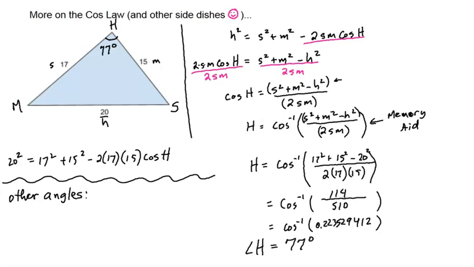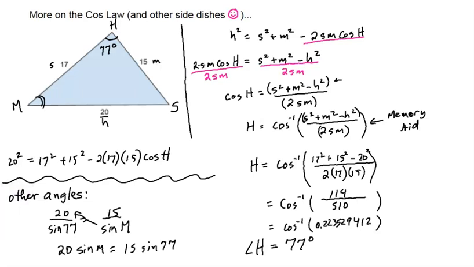But now that I know the 77 degrees opposite to the 20, I would go 20 over sine 77 is equal to, and if I'm looking for, let's say, the measure of angle M now, I would say 15 over the sine of M. Cross multiply: 20 sine M is equal to 15 sine 77.